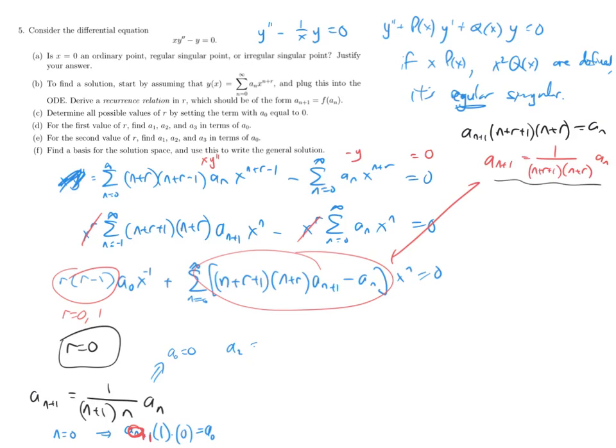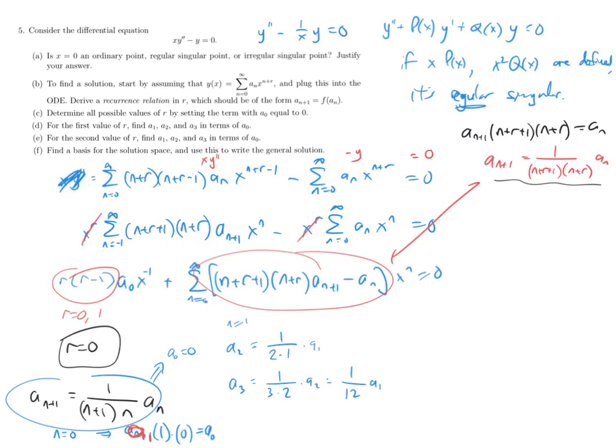So a2 happens when n equals 1. A2 is 1 over 2 times 1 times a1. A3 is 1 over 3 times 2 times a2, which is 1 over 12 times a1.